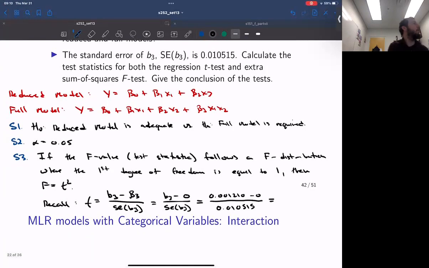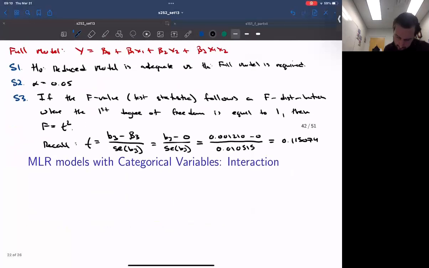Okay, so this is... so therefore F is equal to this value squared.